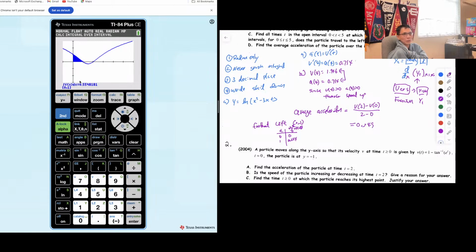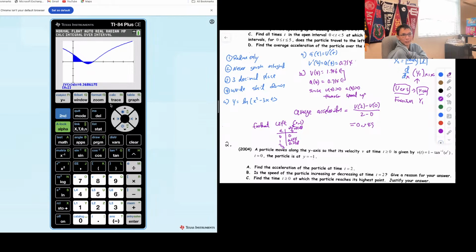Now if I do the same thing, second calc and 7 between 0 to 2, you're going to see the value is a little bit less. Why? Because this is a negative integral, right? The integral is going to be negative, so it starts taking away. So at 2 it is actually 0.368.